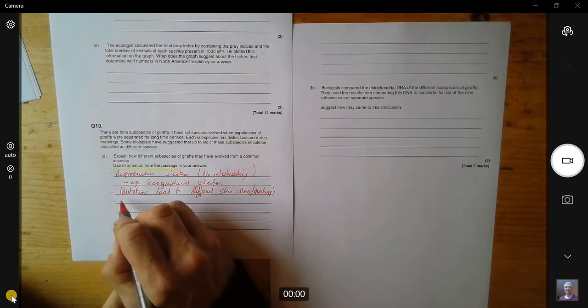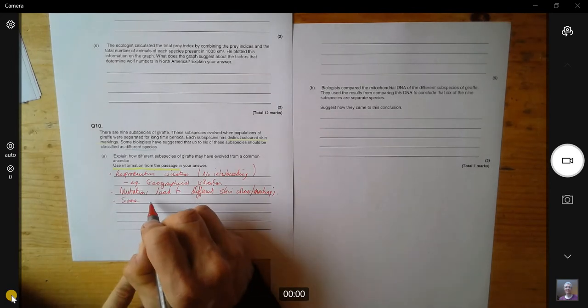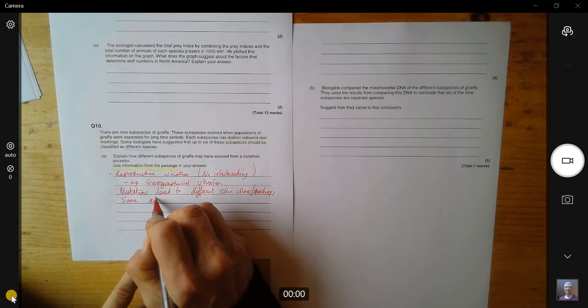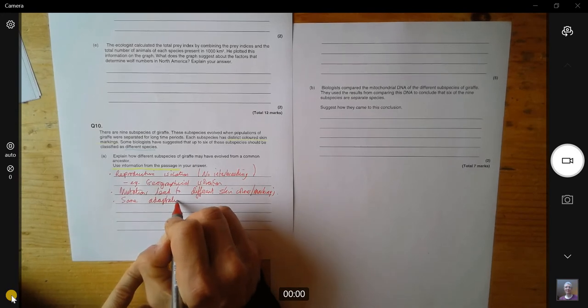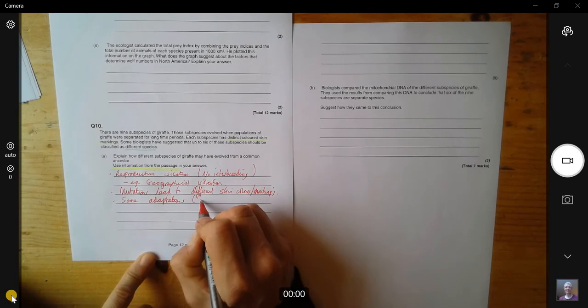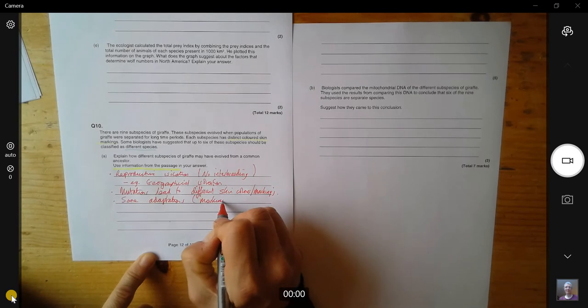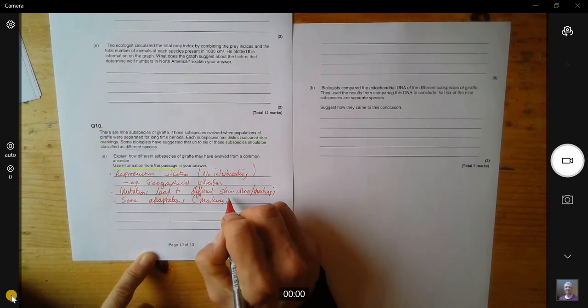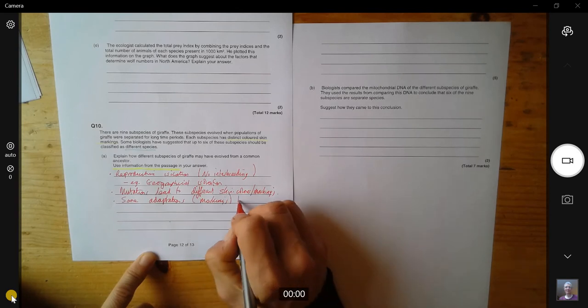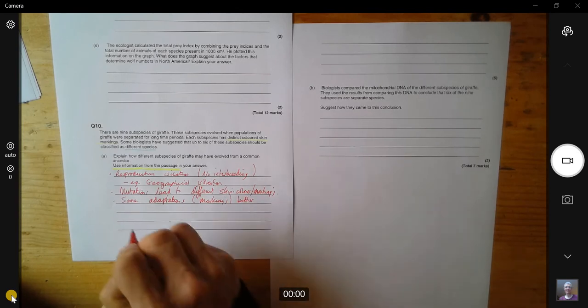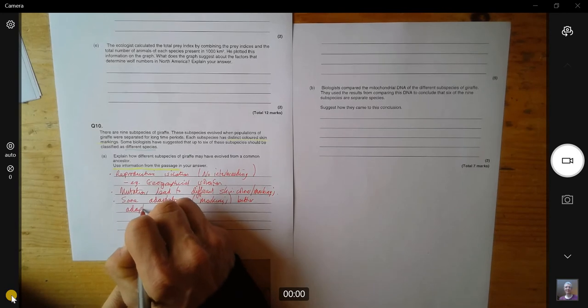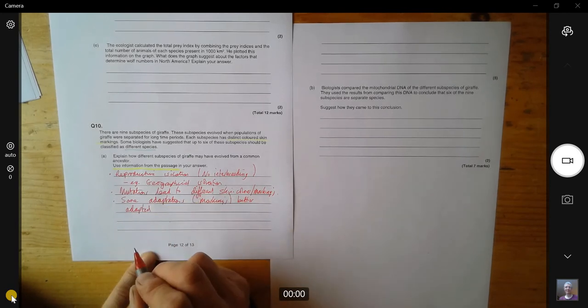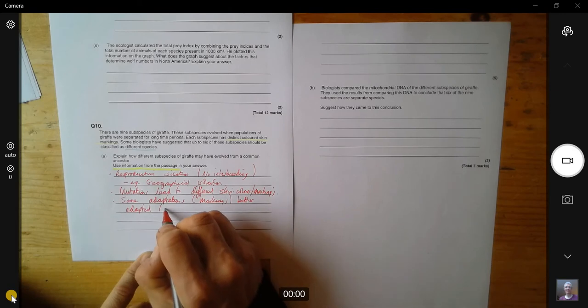So some adaptations, so these markings better adapted, so that's your reproductive success. So I'll put the full word there.